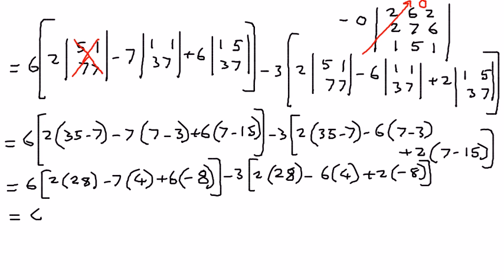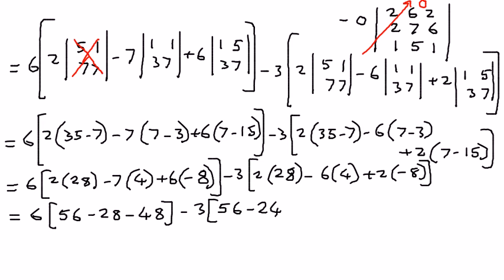This is going to be 6 times 2 times 28 is 56, minus 7 times 4 is 28, minus 6 times 8 is 48, minus 3 times 2 times 28 is 56, minus 6 times 4 is 24, and then minus 16.